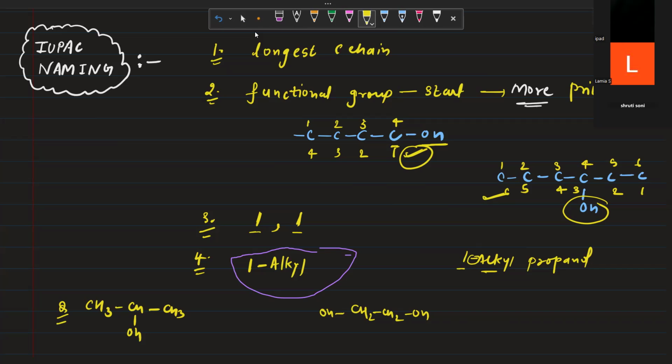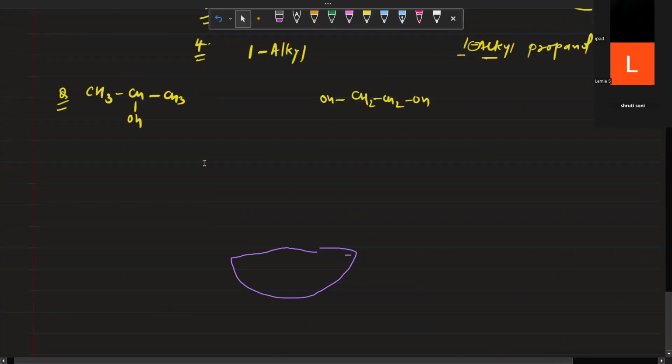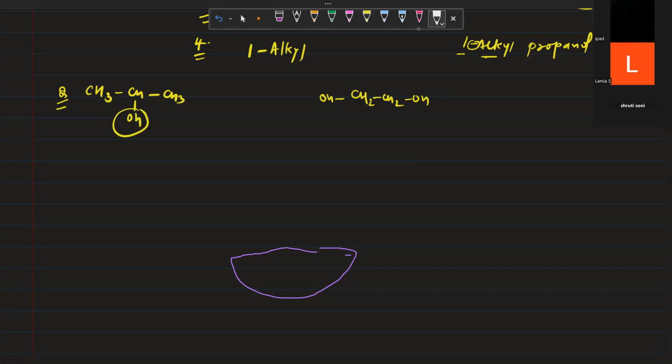Let's start with these two questions. Firstly, we check the OH group. The OH group is there. So firstly, we will identify our longest carbon chain. There is only one carbon chain, so we don't need to identify one.